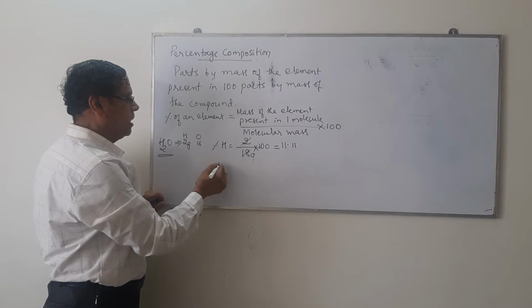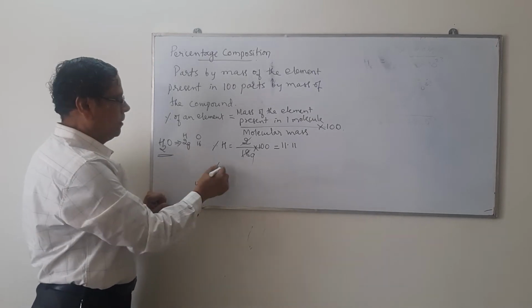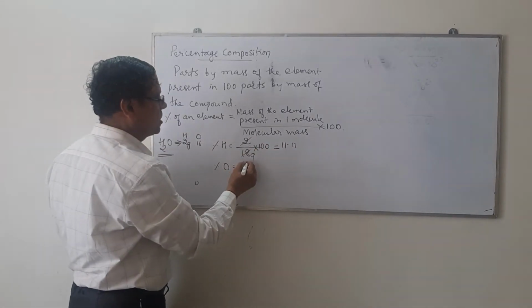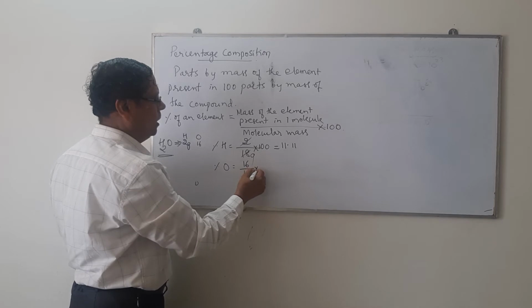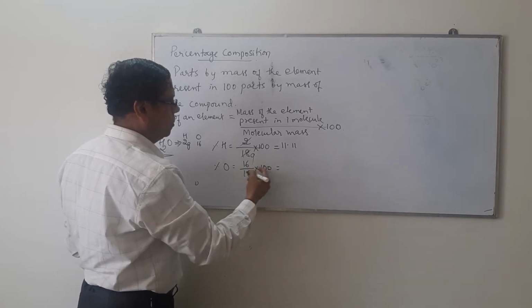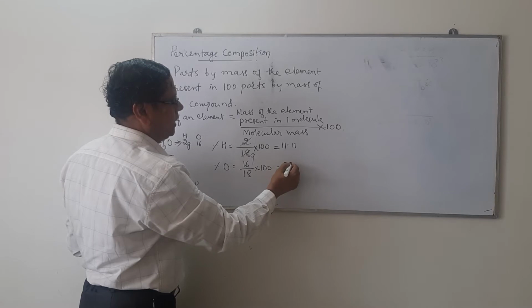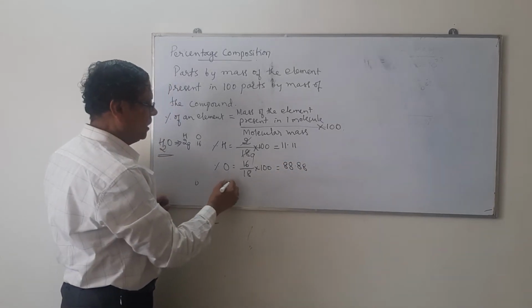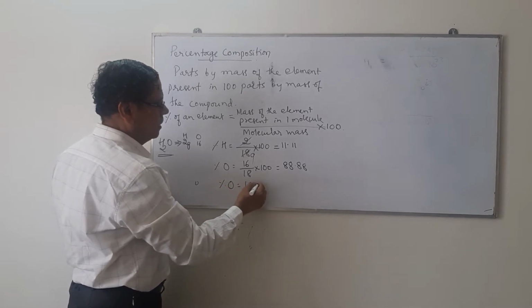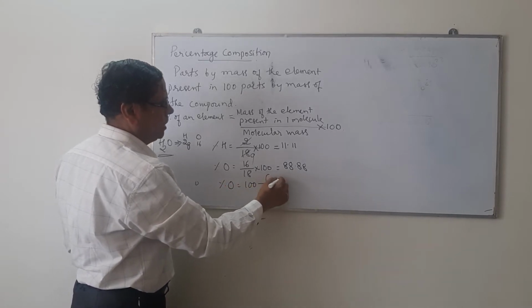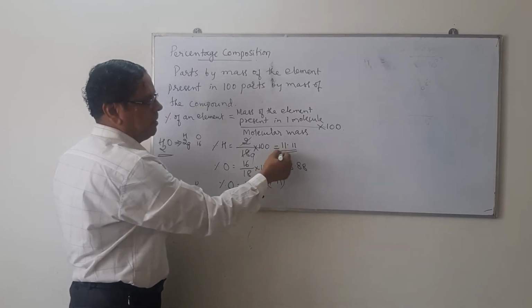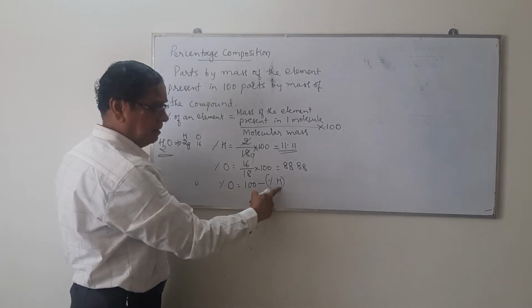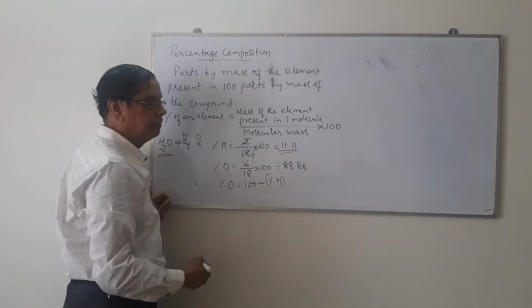If only 2 elements are present, as in the case of water, the percentage of the other element is 100 minus this, or we can write 16 divided by 18 times 100, which simplifies to 88.88. In other words, the percentage of oxygen is 100 minus 11.11, that is 88.88.